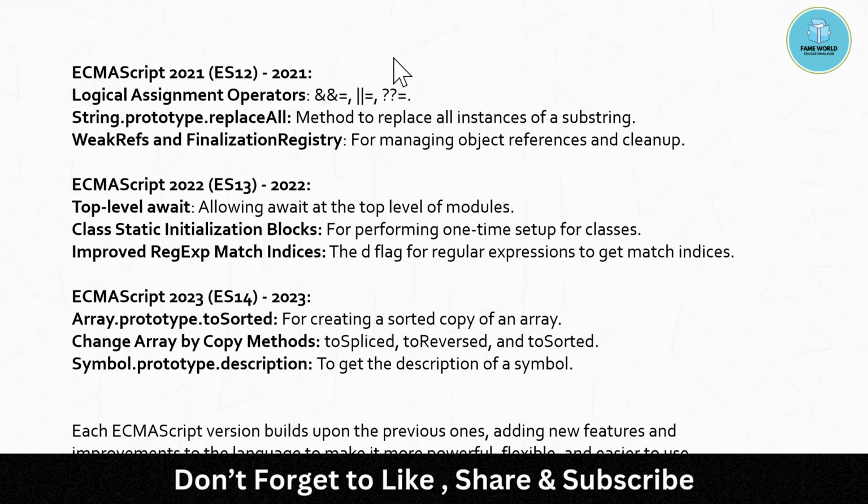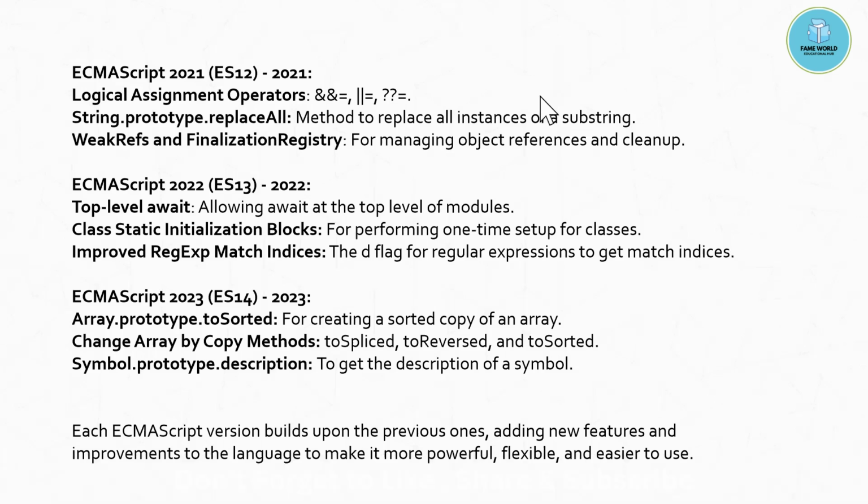Then in 2023, the latest version, ES14 came. Each ECMAScript version built upon the previous version, so all the previous capabilities are definitely there, adding new features and improvements to the language to make it more powerful, flexible, or easier. I just wanted to tell you that these are the different versions. This is the latest version.